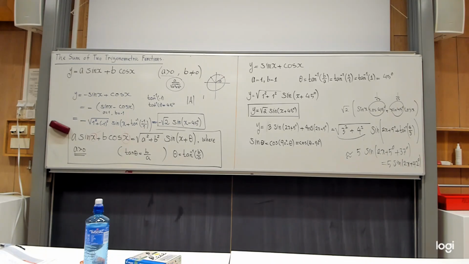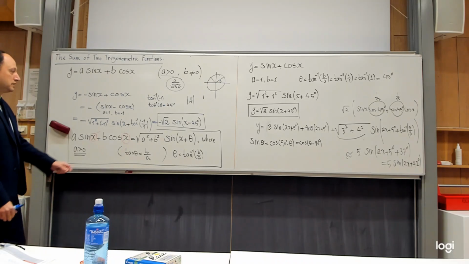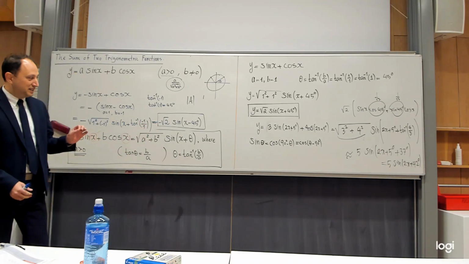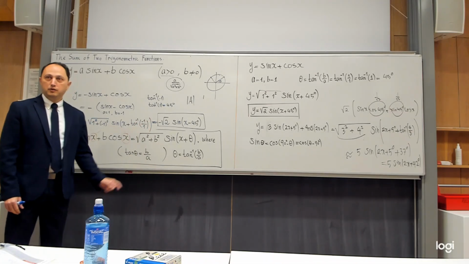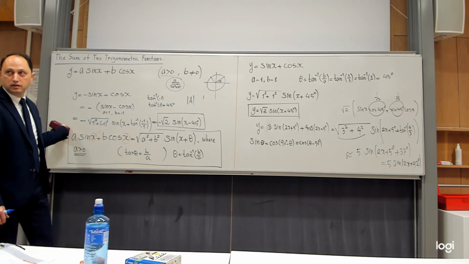Okay. So, by the way, if I want to get rid of this negative sign, let us talk a little bit about that. What can I do if I want to see it positive there? What can I do?